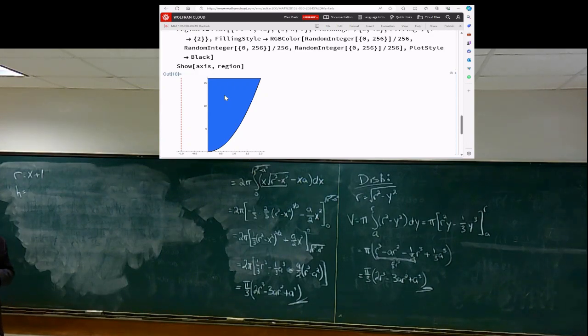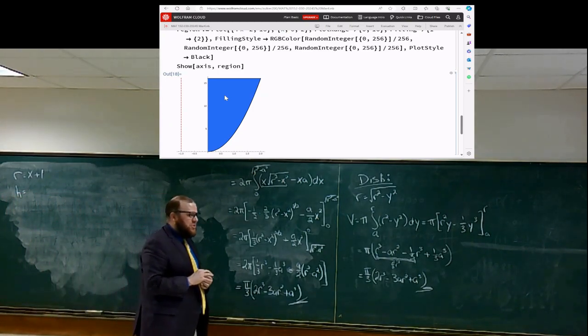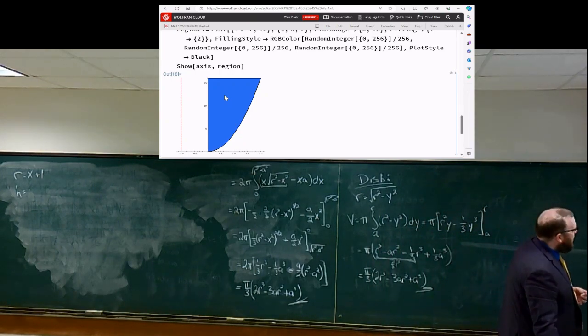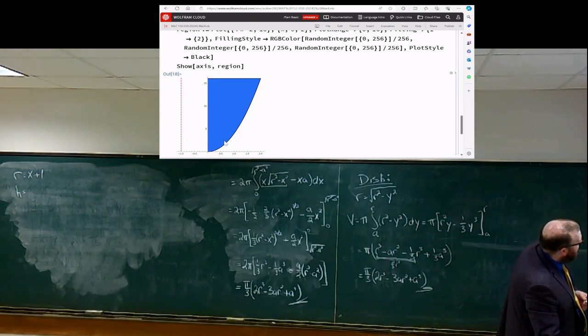Oh, we had to write in terms of like y or something? No. Just y. So height of the region. You start calculating height from where?